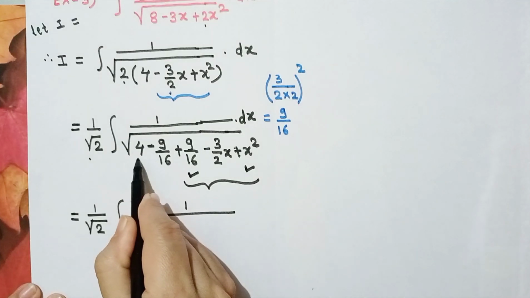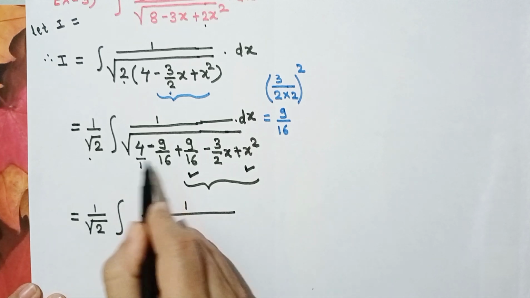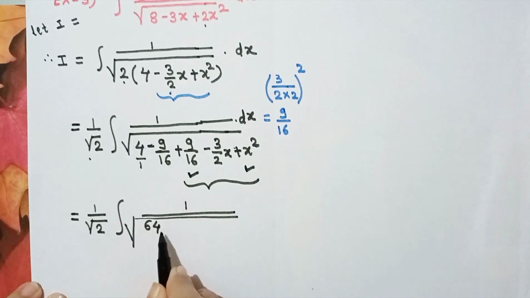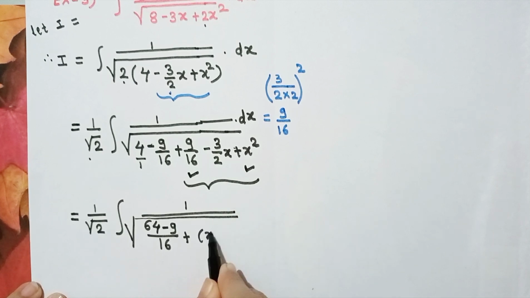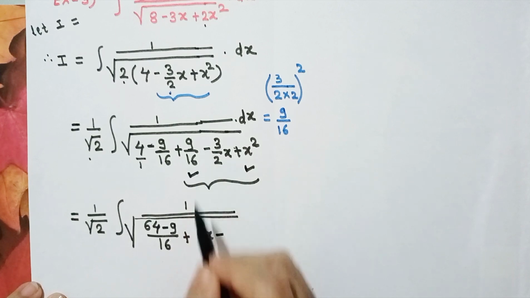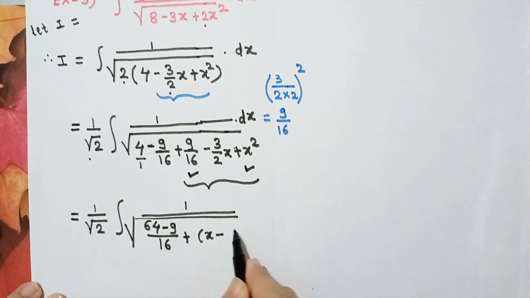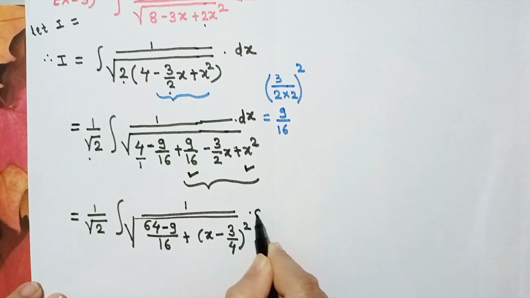Now check here, this 4 means 4 upon 1, so 16 4s are 64 minus 9 upon 16, and this means x minus, the middle sign is minus. Now the square root of this is 3 upon 4 bracket square, and here we will write dx.